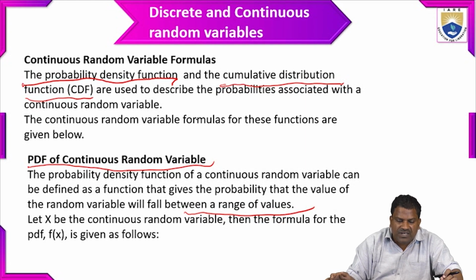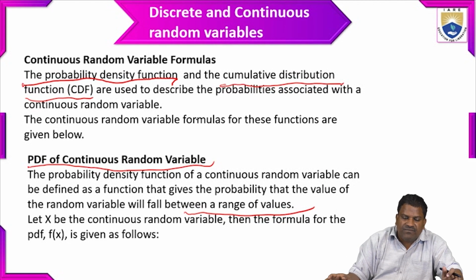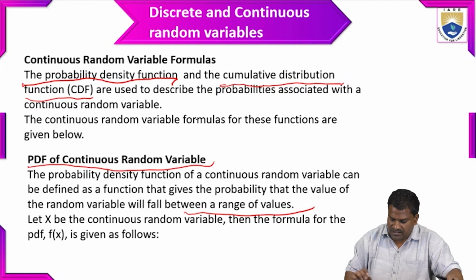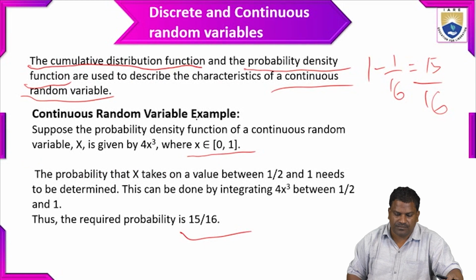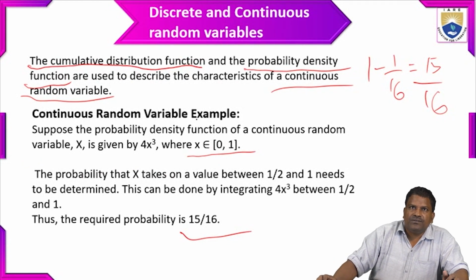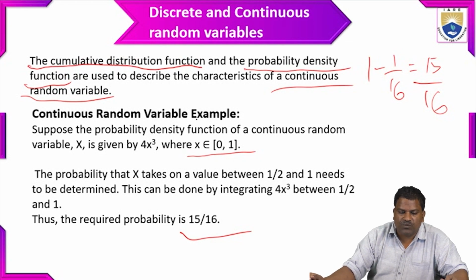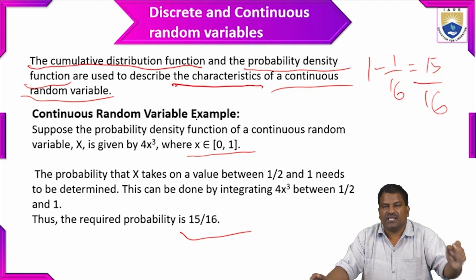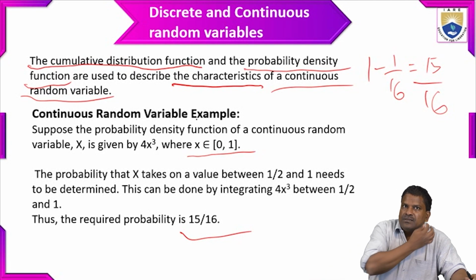The probability density function of a continuous random variable can be defined as a function that gives the probability that the value of the random variable will fall between a range of values. So, the cumulative distribution function and the probability density function are used to describe the characteristics of a continuous random variable.